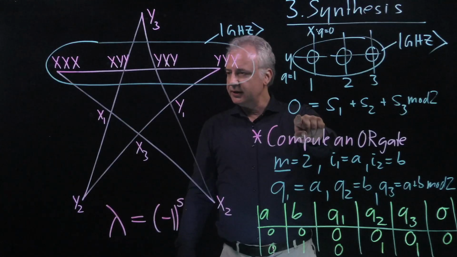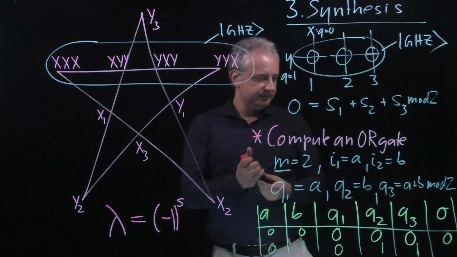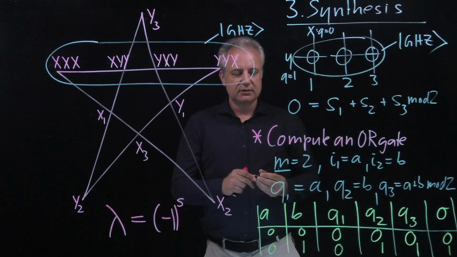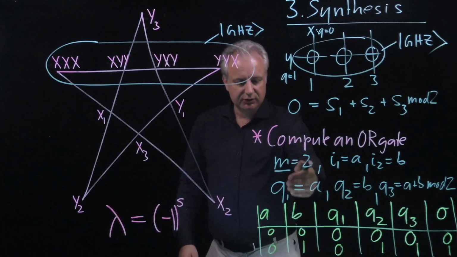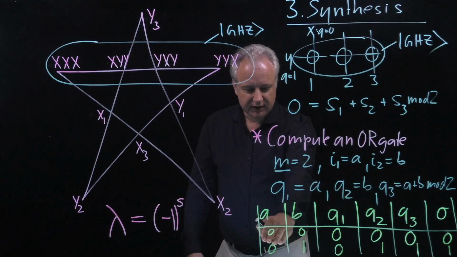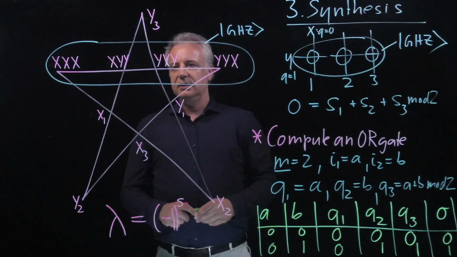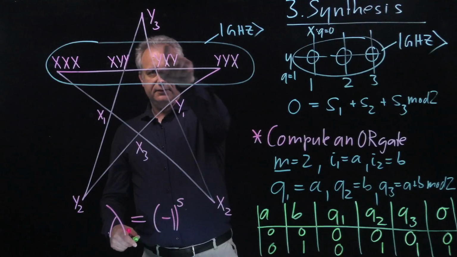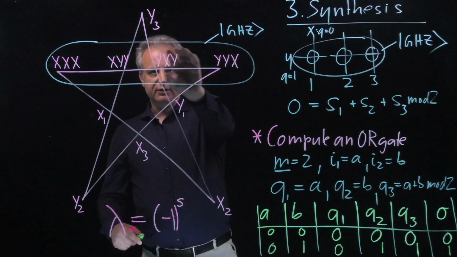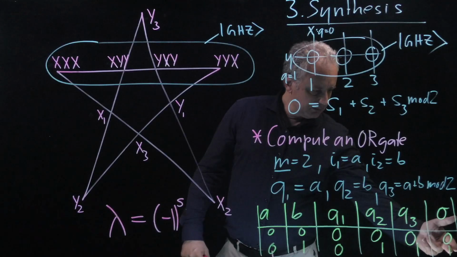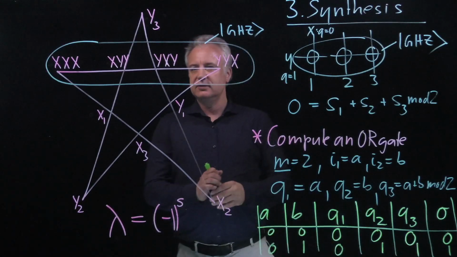So the output in this case is 1. So this was the second case. Now you go through the other two cases that remain, and you fill in. You'll be hitting these values here, this one and that one. So the output will be 1 in these other two cases as well.